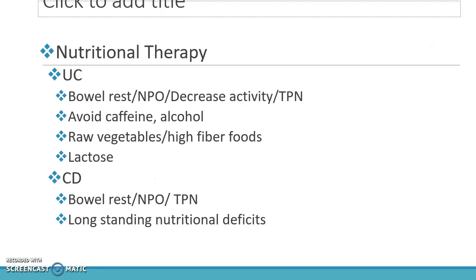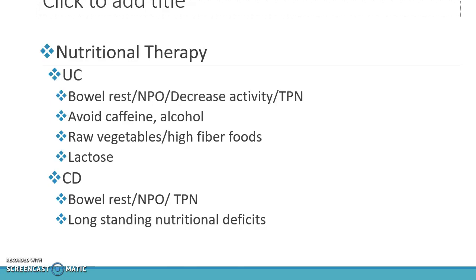And nutritional therapy, we want to have bowel rest for both of them in acute phases. With UC, you want to decrease activity. A possible TPN. With UC, you want to avoid alcohol and caffeine, raw vegetables or high fiber foods, and lactose, which sometimes makes it worse. And with CD, remember how they have long-term nutritional deficits.